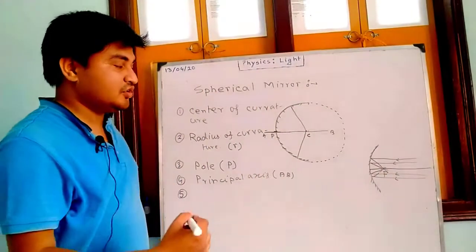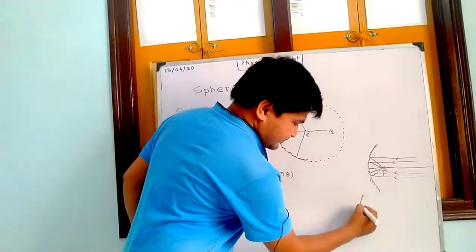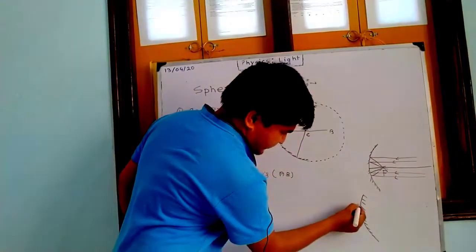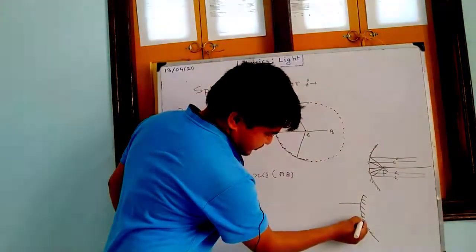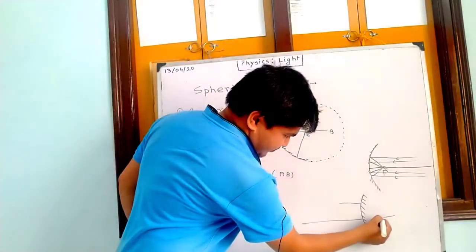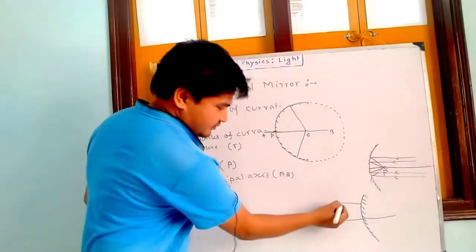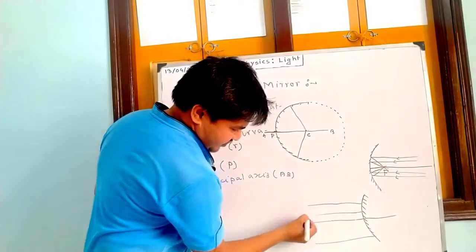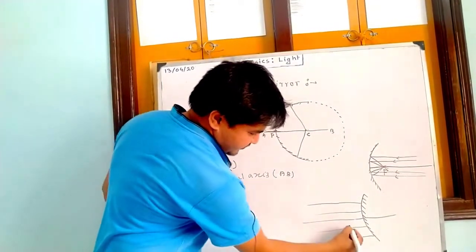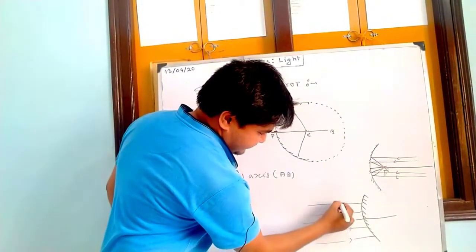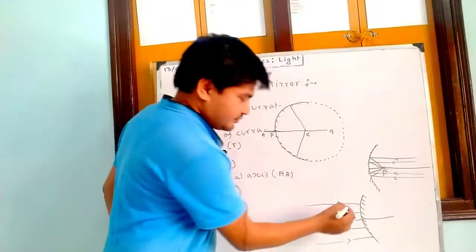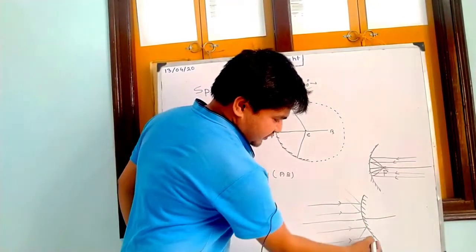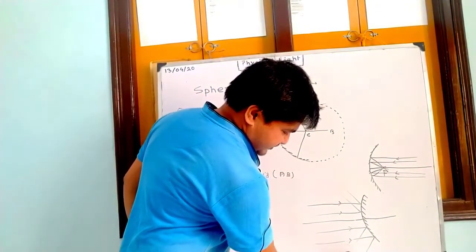And in case of a convex mirror, suppose this is the principal axis, and the first, second, third, fourth rays come from this direction and move in these directions.